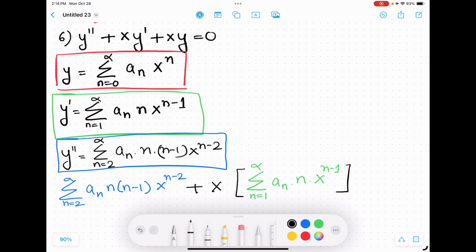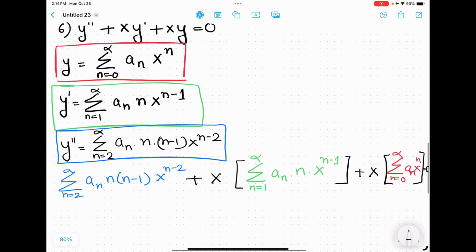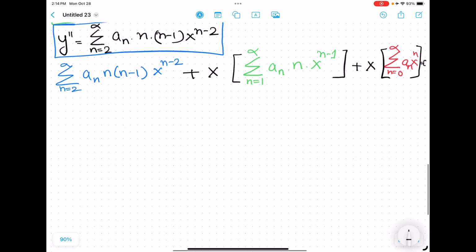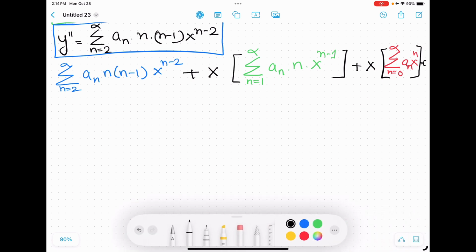So bracket, and then our x again. Then we have our y, which is 0 to infinity a sub n x to the power n, equals 0.